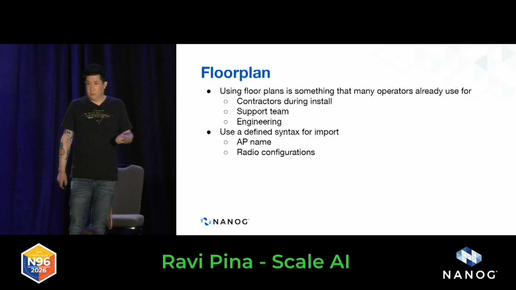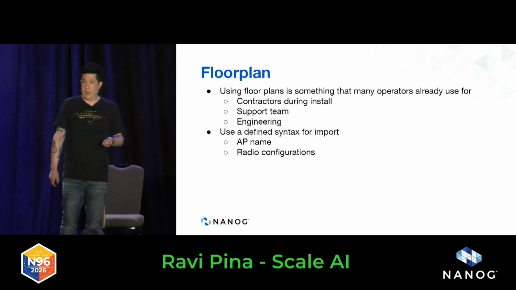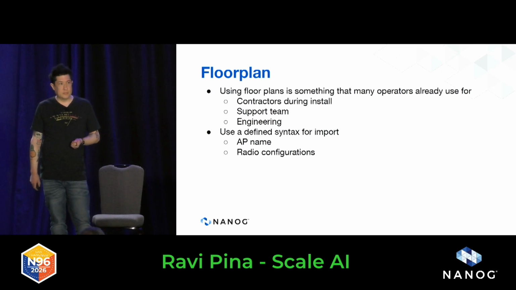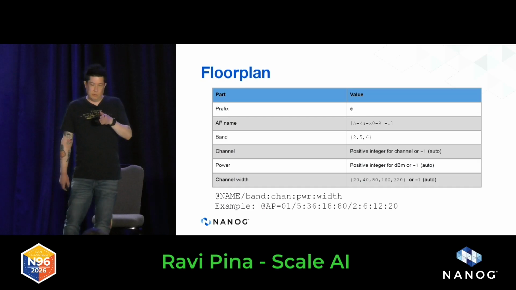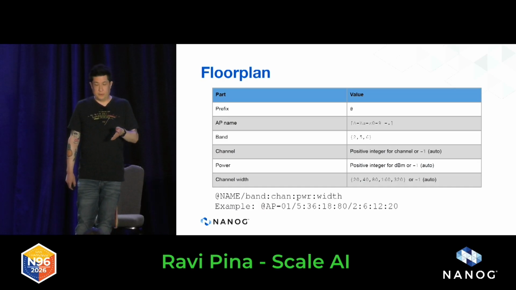But I wanted to also capture the fact that we're creating this plan for these various resources and encode as much information into the plans as possible. So by using a notation, which is at the very bottom there, @ and then the name of the AP, and then use / to encode basically the band, the channel, power, and the channel width.